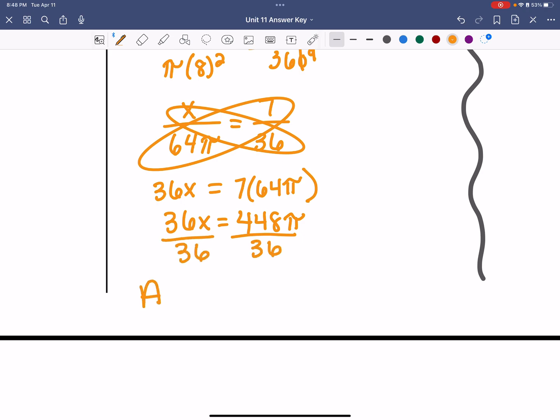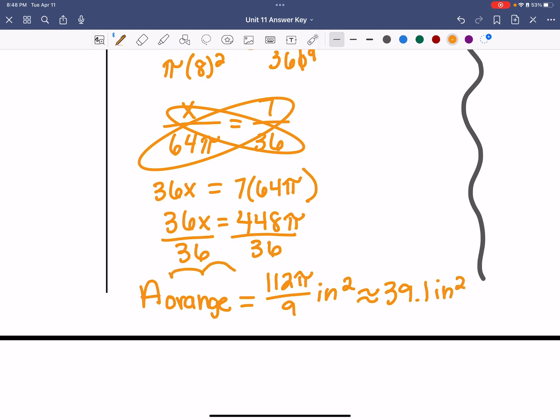I get the area of the orange to equal, reduce that fraction, 112 pi over 9 inches squared, which is going to equal just about 39.1 inches squared. And that is going to be the first of my two answers.